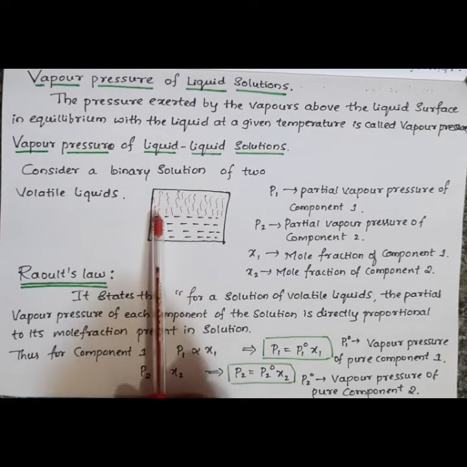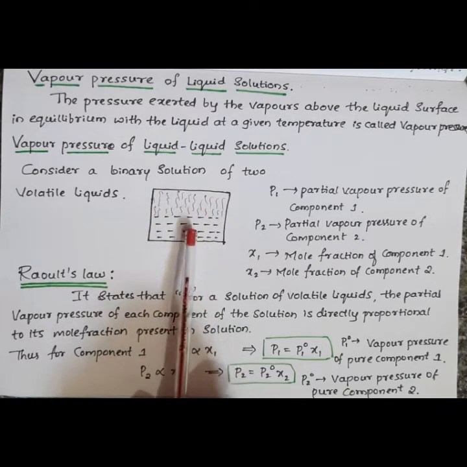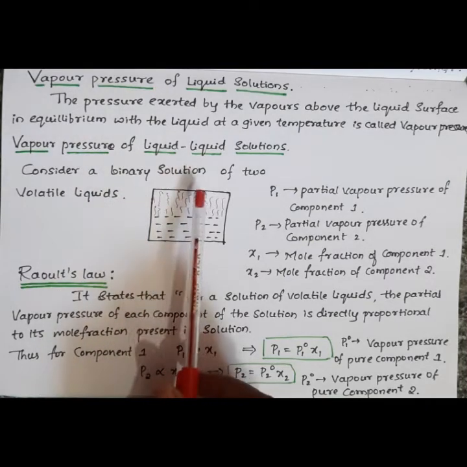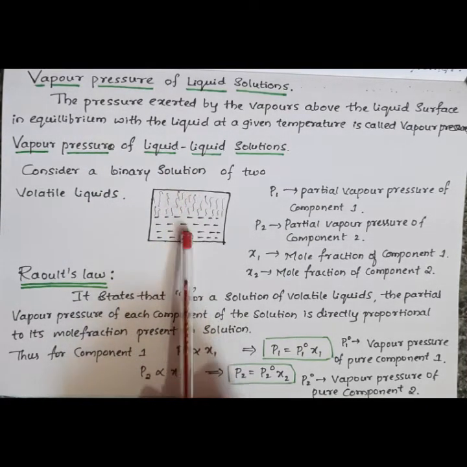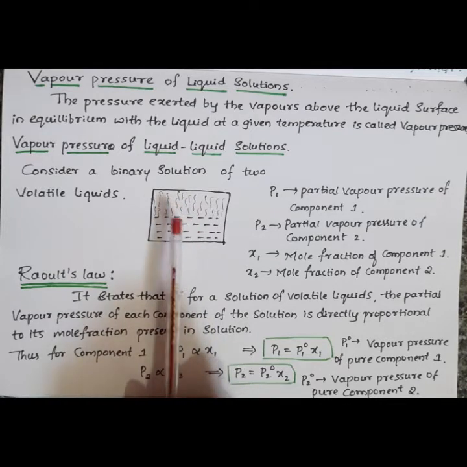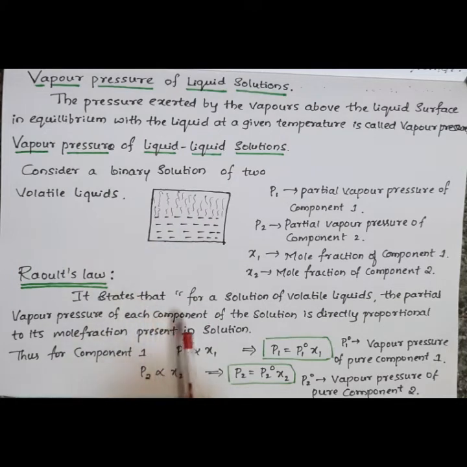If the mole fraction of any component increases, its partial vapor pressure will also increase. Higher the mole fraction, higher will be the partial vapor pressure. That can be related as, for component 1, P1 is directly proportional to X1.